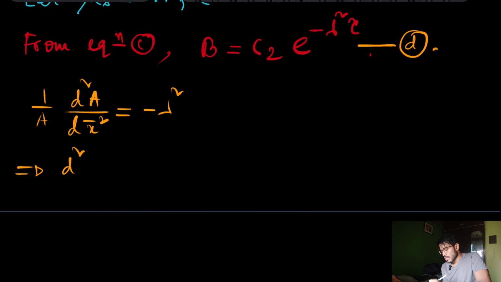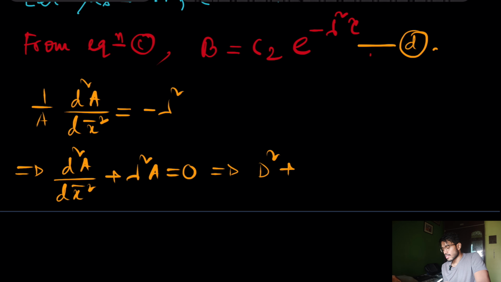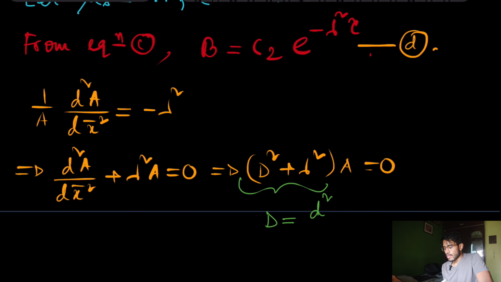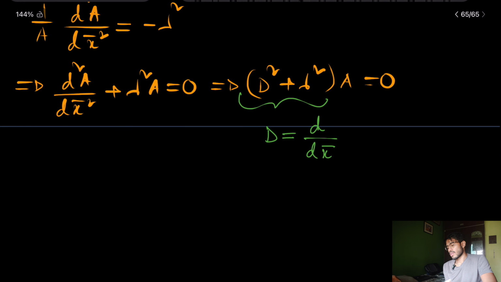Now that means I can just do some algebraic manipulation and this boils down to this. I can write out (D² + λ²)A = 0. So this is an operator where D is equal to d/dx̄.